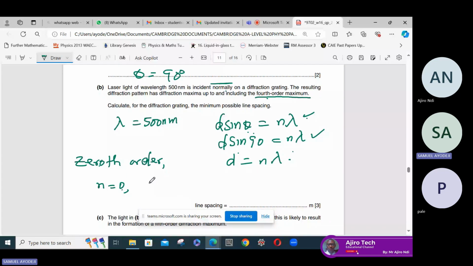Fourth order means n is equal to 4. So n is 4 for fourth order.